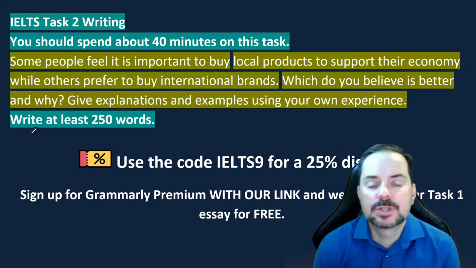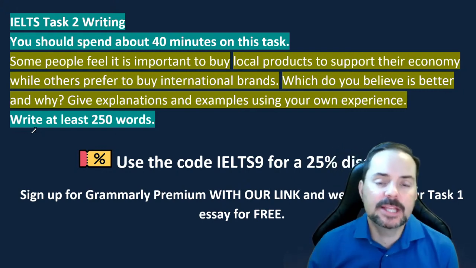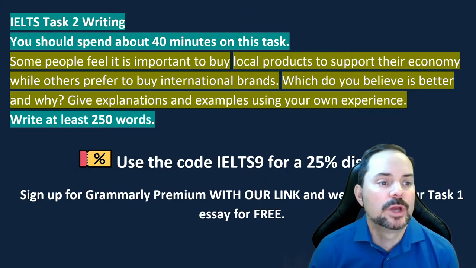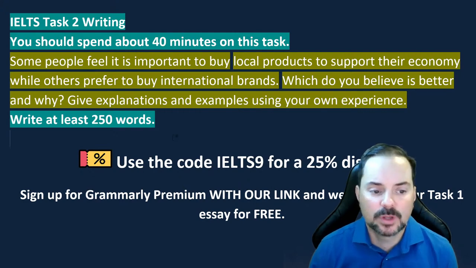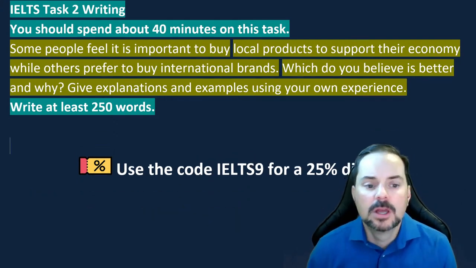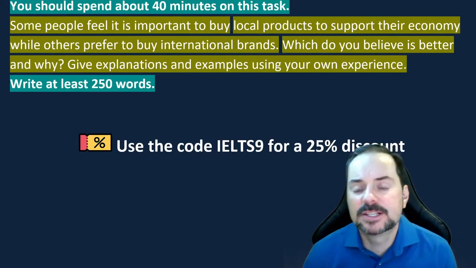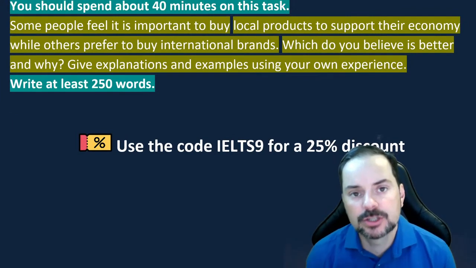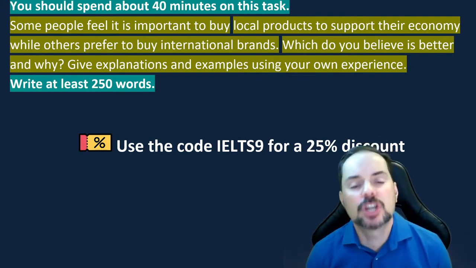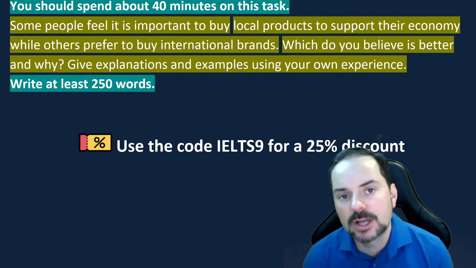Okay, so let's really make sure that we understand this question. And we can do that by paraphrasing. So let's paraphrase this. Let's write this in our own words. Now, this isn't your introduction, students. The introduction isn't just a paraphrase of the question.